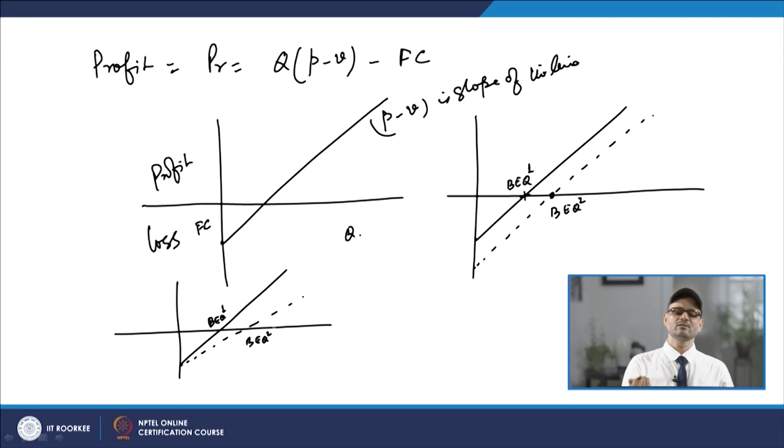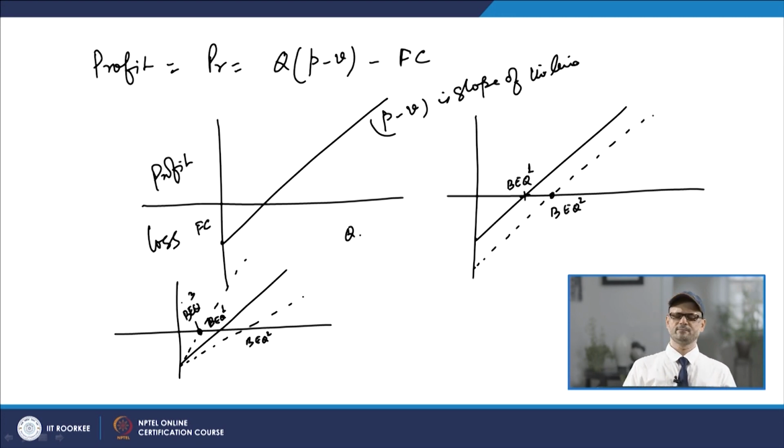And conversely, if P is increased, that is, income per unit is increased, the price is set higher and the variable cost is fixed, then the slope will increase. So the situation will be like this, and this will be your break even quantity 3. In that case the break even point will move towards the left, and it means a lower number of units is required to be produced to come to a stage where the profit is the same as the loss.